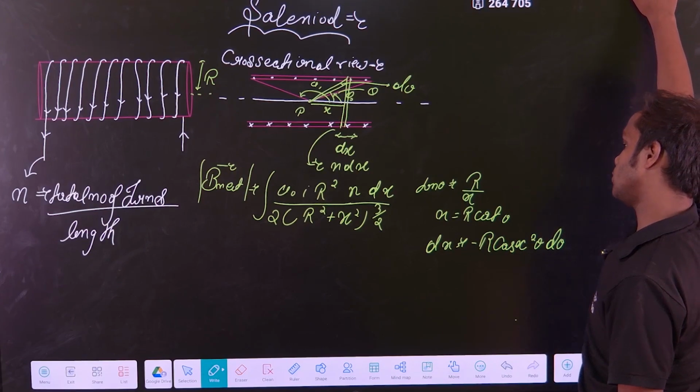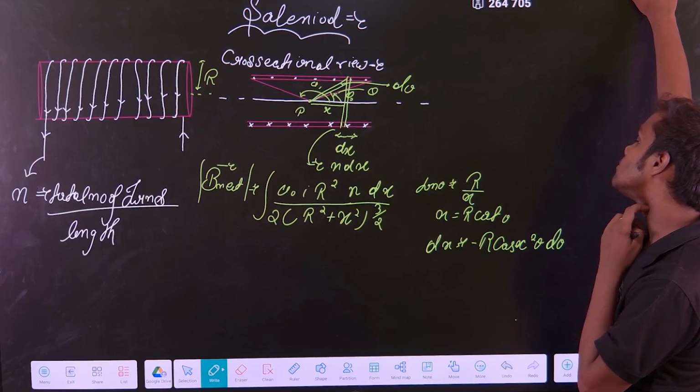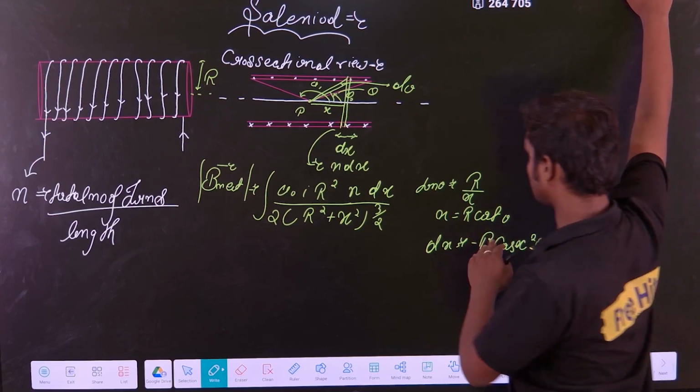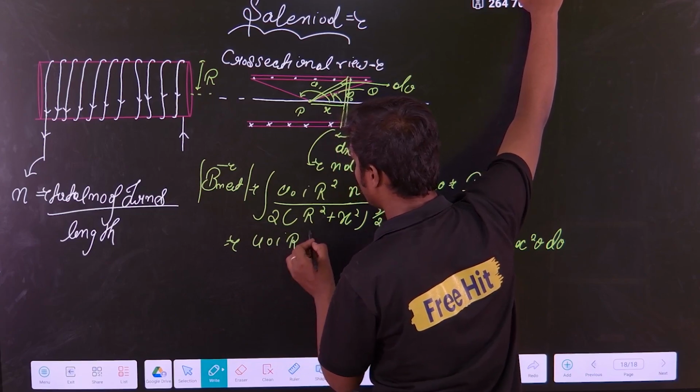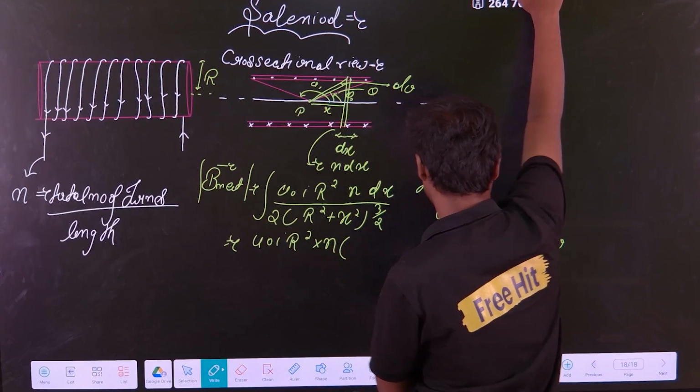Okay, now you tell me. No issue, just put this value here. This will be mu naught I into r square into n. What is this value?